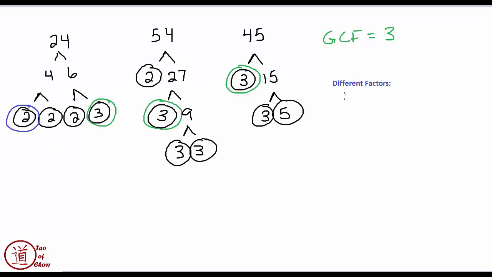Now, here's the thing. This is where it gets a little tricky. This 2, I'm going to count it, but it's the same as this 2. So basically I can take away both of those 2's. Even though I only counted it once here, it's because it's already counted for each one.